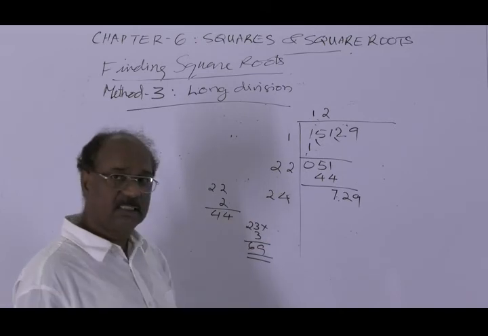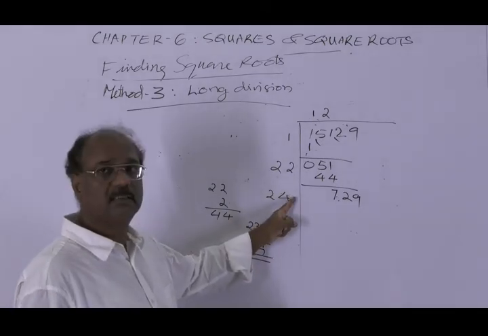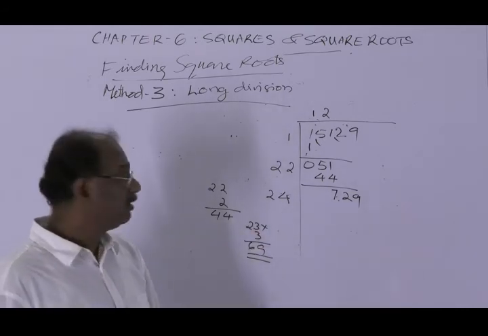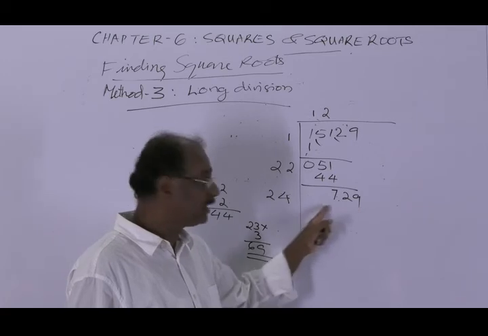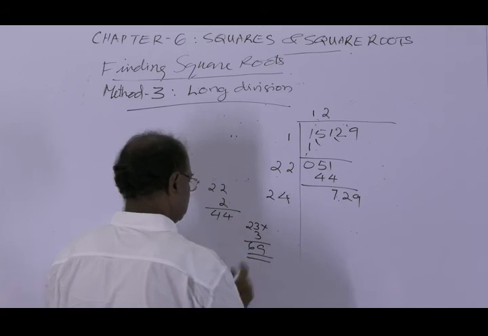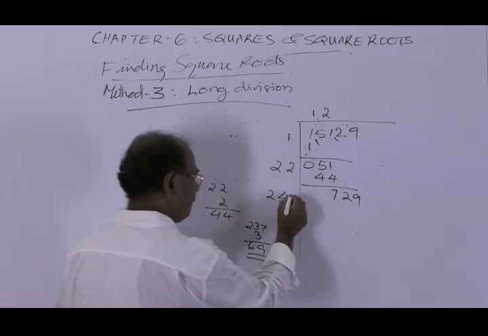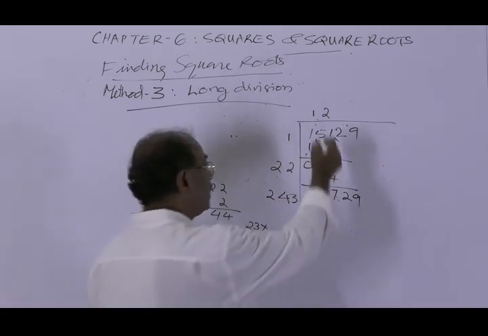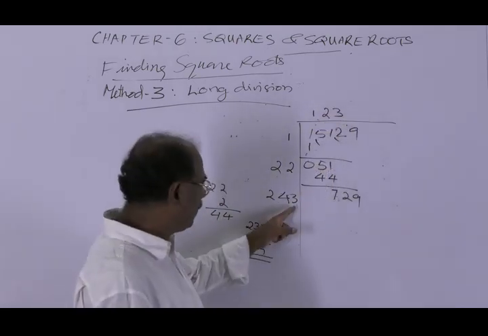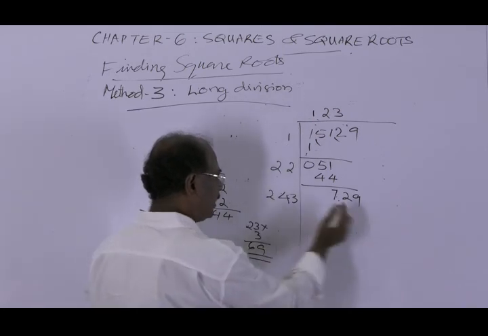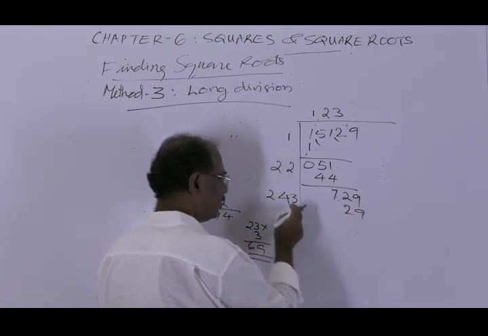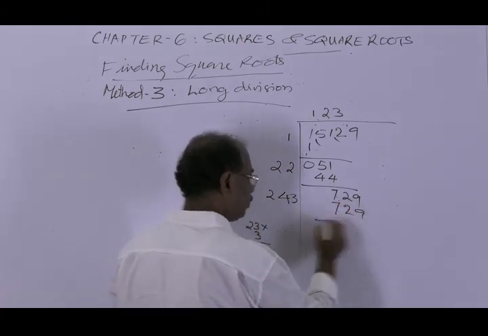As in the previous case, write a digit here and multiply the resultant number with that digit itself. We should get the maximum less than or equal to 729. Suppose we put 3 here, and 3 here also. If it is okay, multiply this with the 3. 3 into 4, 12, balance 1. 3 into 2, 6, plus 1, 7, 29.